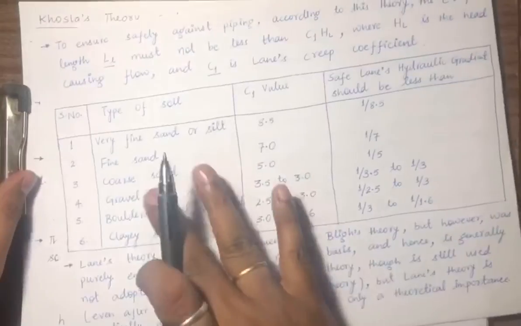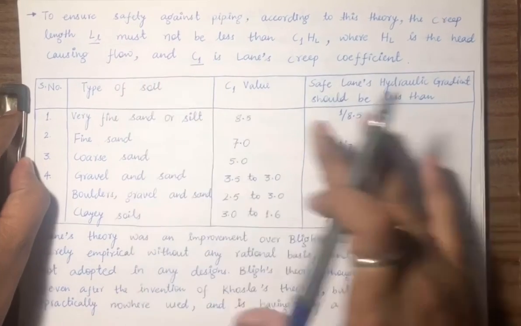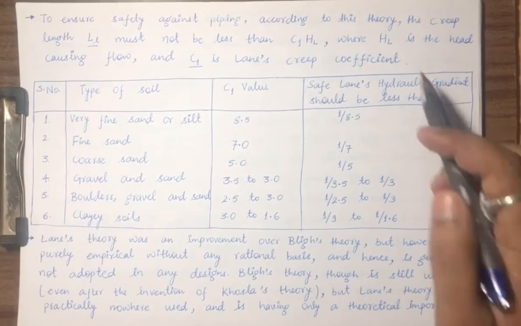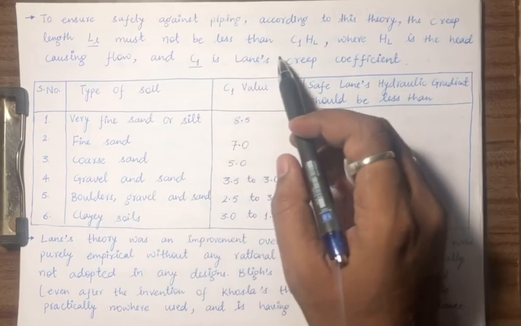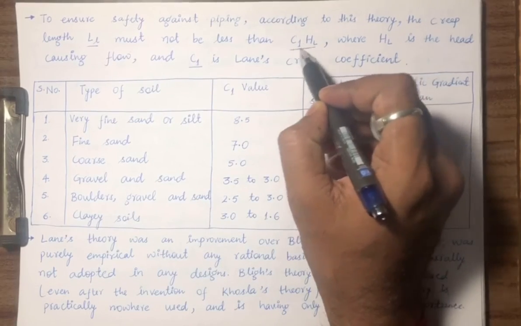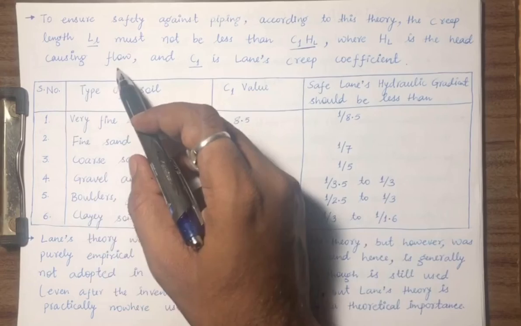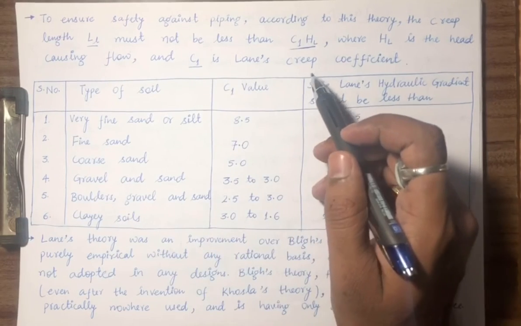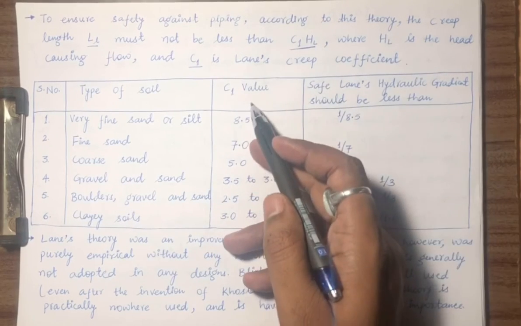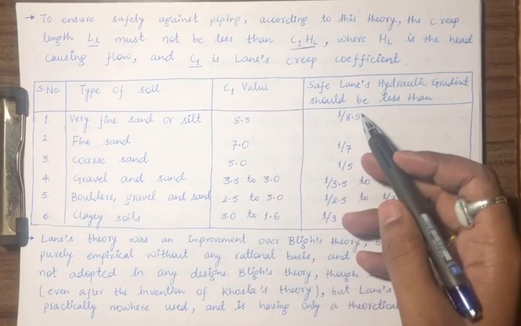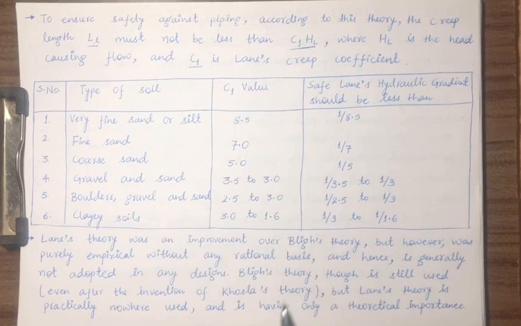Now to ensure safety against piping according to this theory, the creep length L must not be less than C1 into HL, where HL is the head causing flow and C1 is Lane's creep coefficient. This is 1/C, and this is the type of soil.